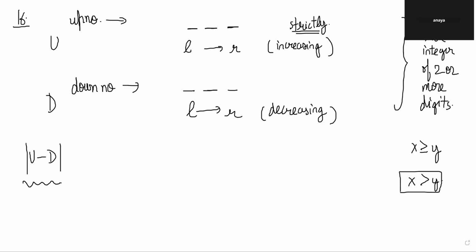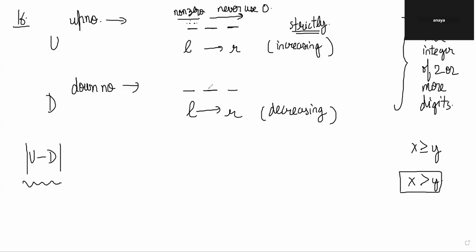Obviously, if you think about an up number, you have to start with something non-zero, because the first digit on the left cannot be zero. And if it is non-zero, then you can never use zero, because all the numbers after that have to be strictly increasing.